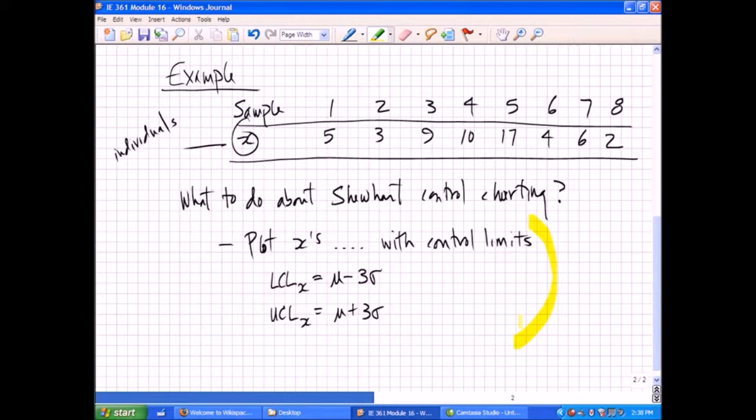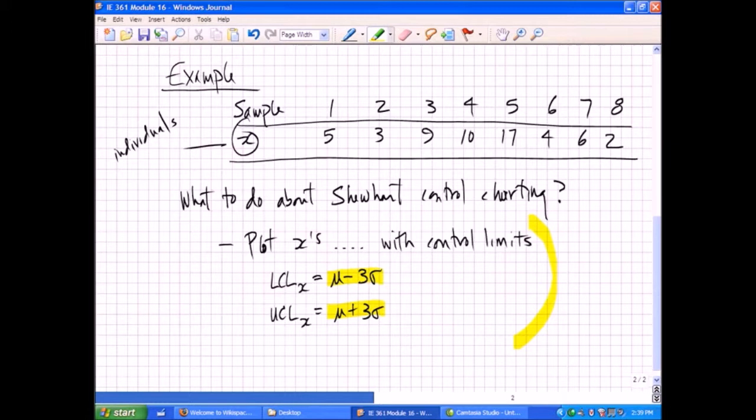That's pretty much all that there is in this problem. That is, plot individuals, use control limits, process mean minus 3 standard deviations, process mean plus 3 standard deviations for the process. That's the rational thing to do.